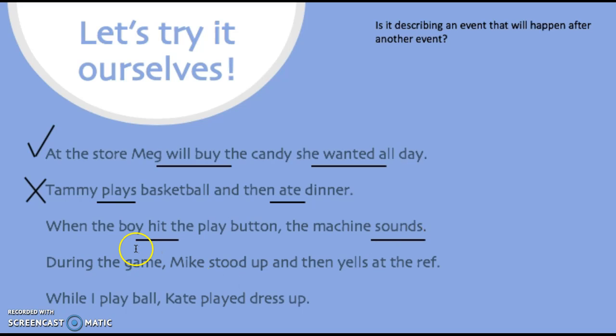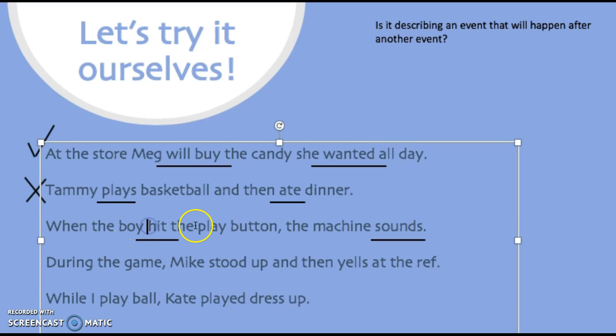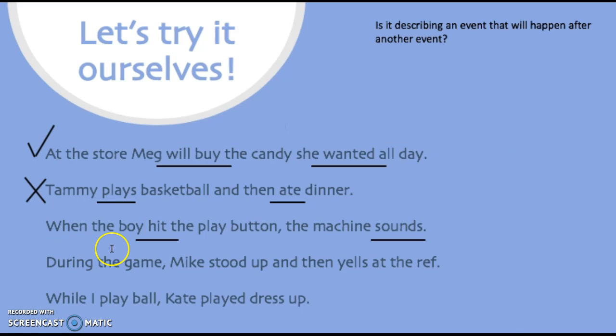Well, yes, because the boy can hit the play button and then the machine will sound, but the proper tense of these verbs is not correct. Now we have to remember the will happen, very important to know. The correct way could be when the boy will hit the play button, the machine will sound. But that is not what the sentence is saying, therefore this is incorrect. Therefore, we got to put an X right here on this one too.